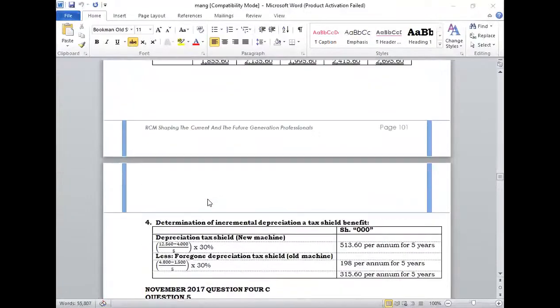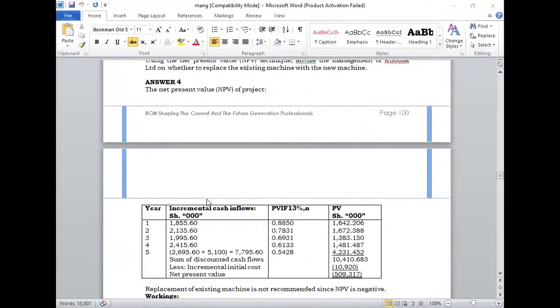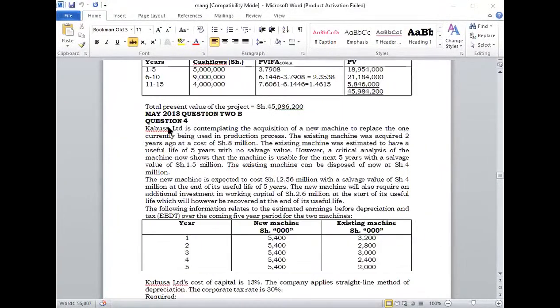They are telling us that Kabusa Limited is contemplating the acquisition of a new machine to replace the one currently being used in the production process. The existing machine was acquired 2 years ago at a cost of 8 million. It was estimated to have a useful life of 5 years with no salvage value.